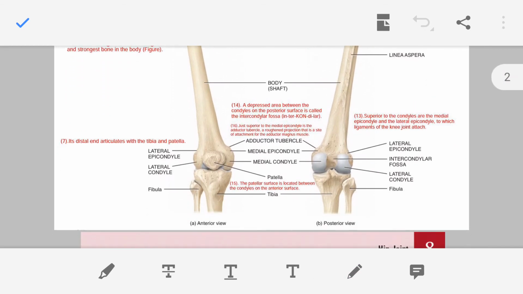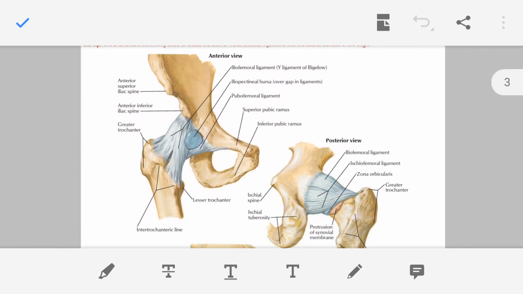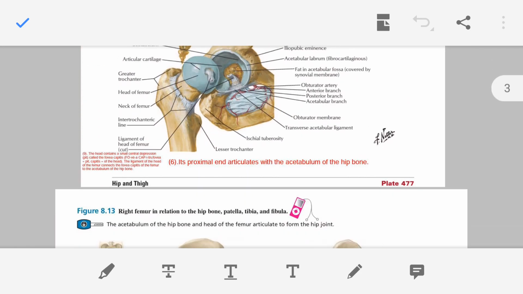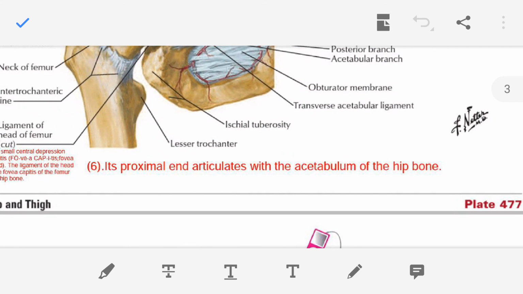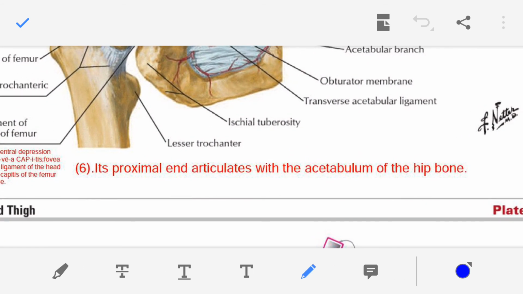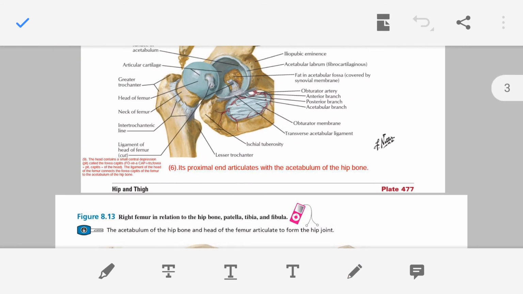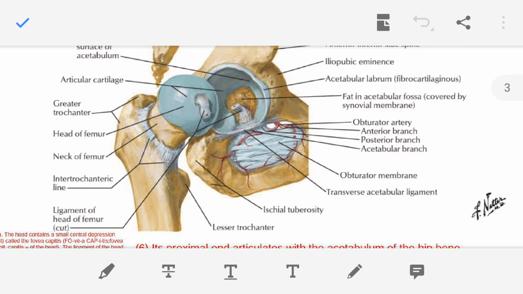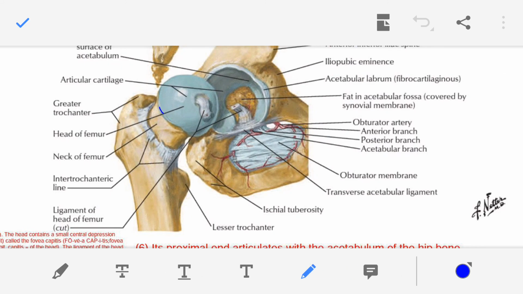Moving on to the sixth point. Now the proximal end of the femur articulates with the acetabulum of the hip joint. For example, in this figure, this is the head of femur and this one is the acetabulum.